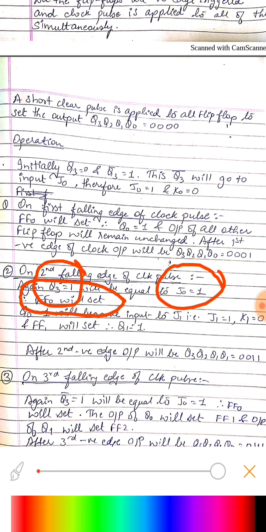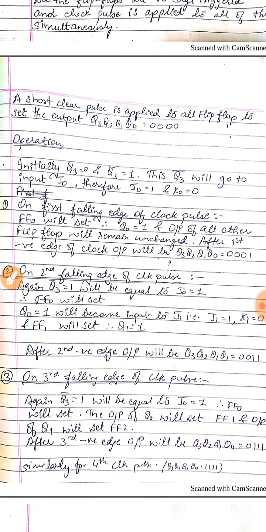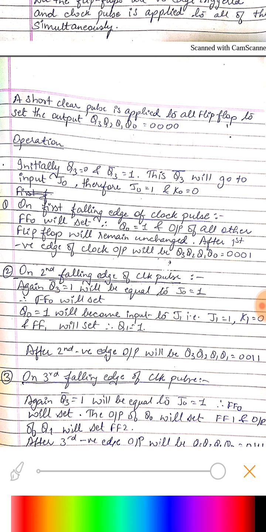Q0 is 1 and will become the input to J1, so J1 will become 1 and K1 will become 0. On the first edge, flip-flop 0 was set, and now the second flip-flop will be set, and Q1 will become 1.